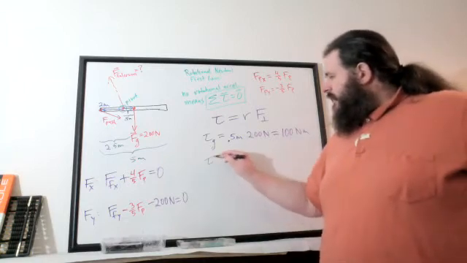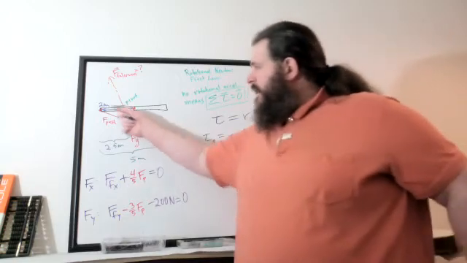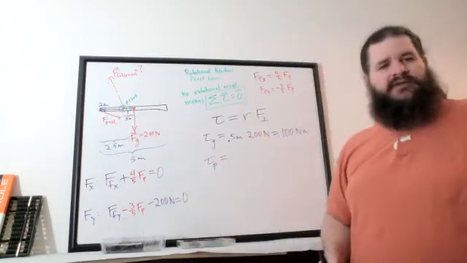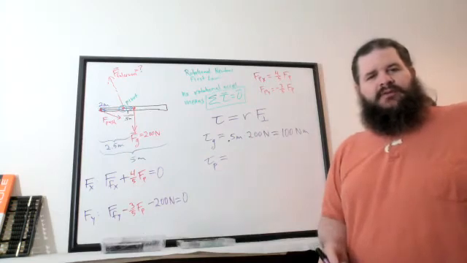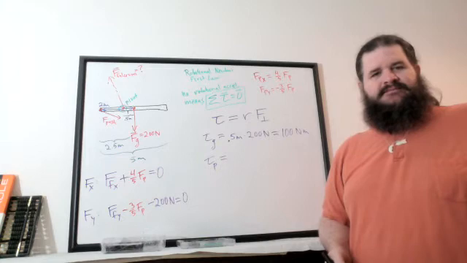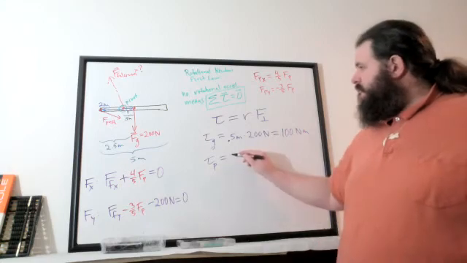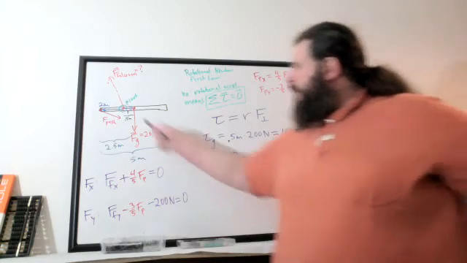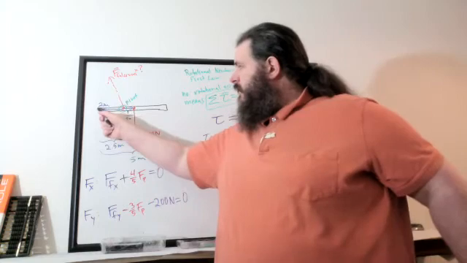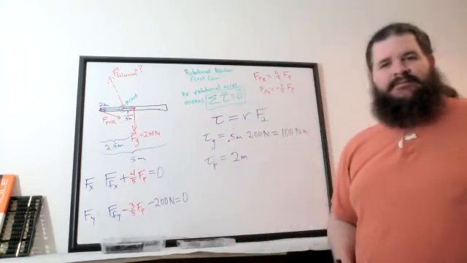And then torque from the push, we can multiply the radius times the perpendicular component of the force. And of the components, which component is perpendicular to the radius here? If we've got a 2 meter distance, what would you say the perpendicular component is?